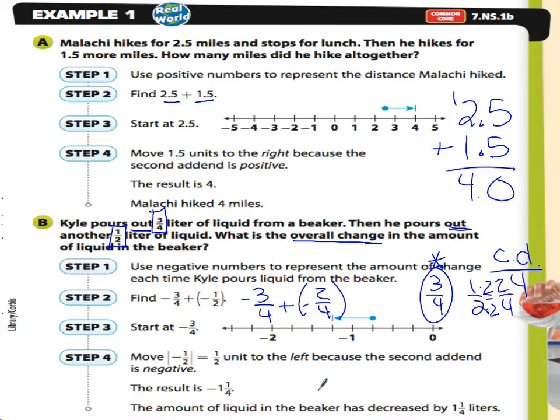Now I know that my signs are the same, so I can go ahead and add, and I get 5, and 4 stays the same, and it's negative. I add and keep. Well, 5 is bigger than 4, so I can make one group of 4 with 5 pieces. I have 1 left over out of 4. So then I have -1 and 1/4.